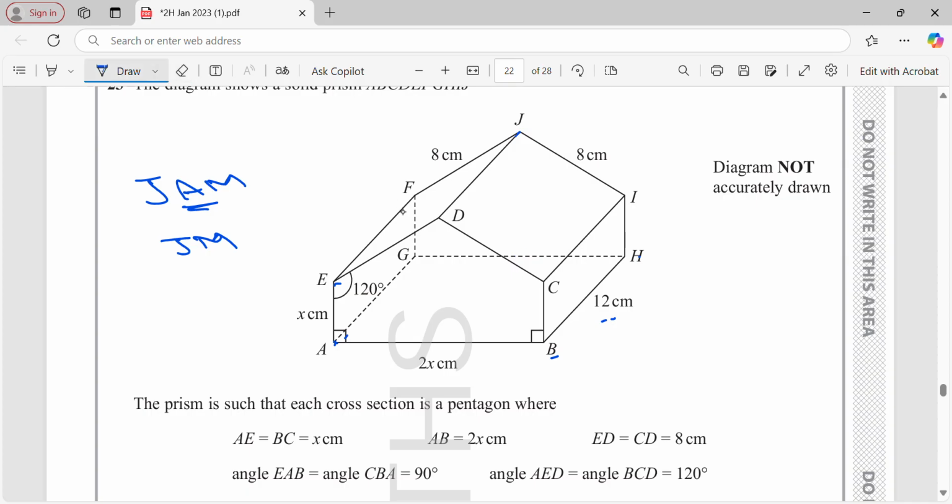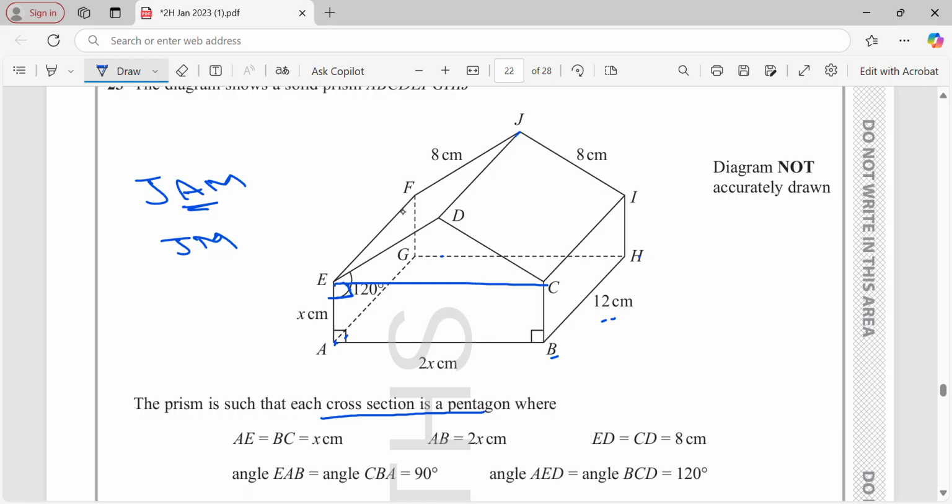We know the cross-section is a pentagon, and we have a 120 degree angle here. If I split this pentagon into two by drawing a line E to C, the top is a triangle and the bottom is a rectangle. ABEC is a rectangle, so this is a 90 degree angle.